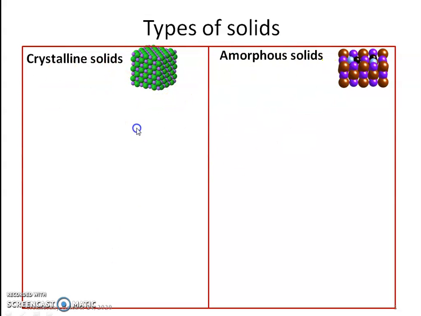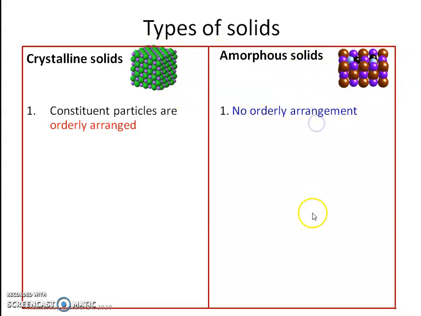In crystalline solids, the constituent particles are orderly arranged. There is a specific arrangement of the atoms, ions or molecules, whereas in amorphous solids, the constituent particles are randomly arranged, or there is no specific arrangement.